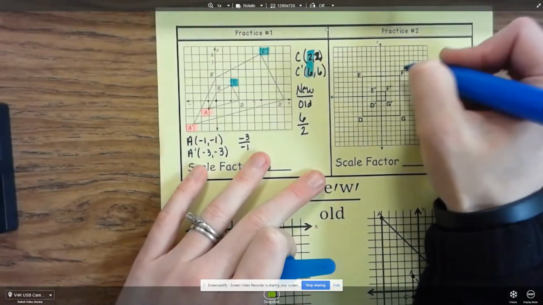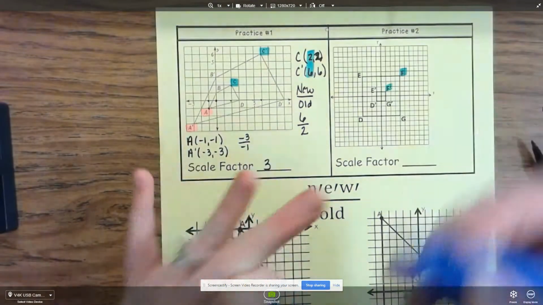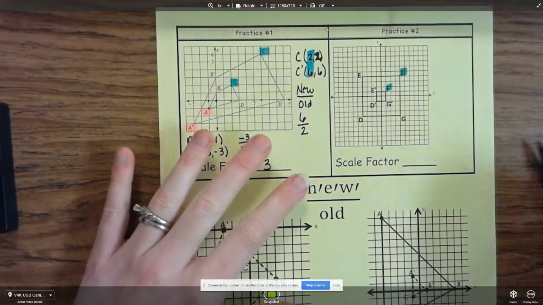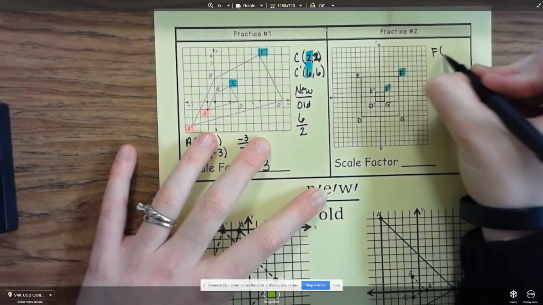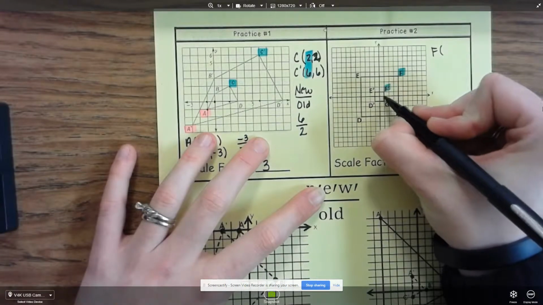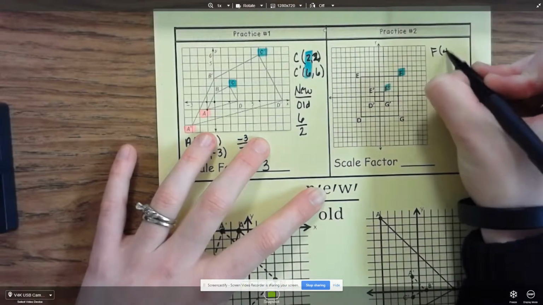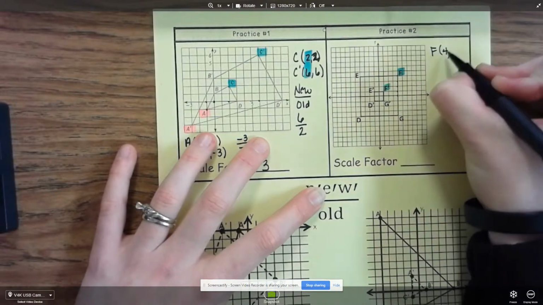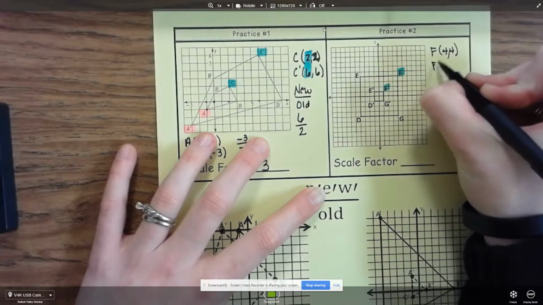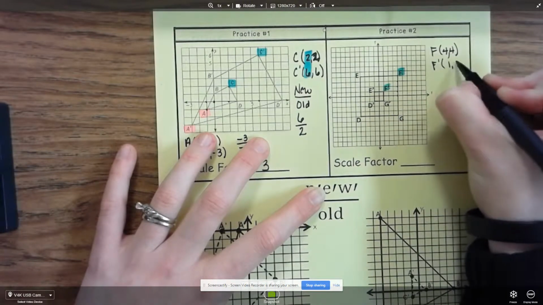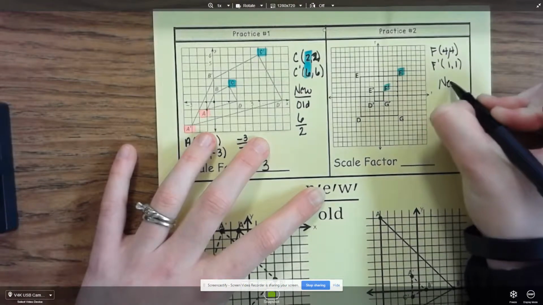So in practice 2, we're going to do F, and you can see here that I get smaller. And so F is at 4, 4, and F prime is at 1, 1. So again, remember, new over old.